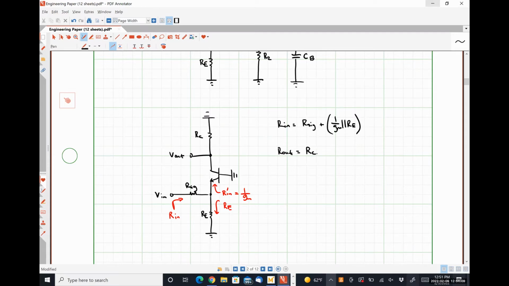All right. For our voltage gain, we're going to do the exact same thing we've been doing. We're going to break it up into 2 stages. So I'm going to call this node VE. And I'm going to say that my voltage gain Av is VE over Vin times Vout over VE, right? So what's Vout over VE?